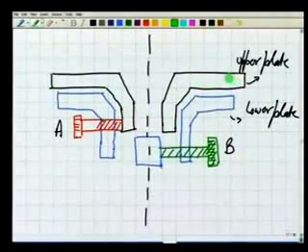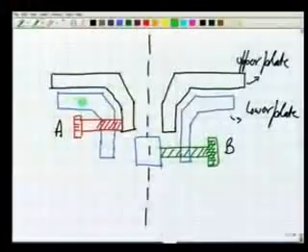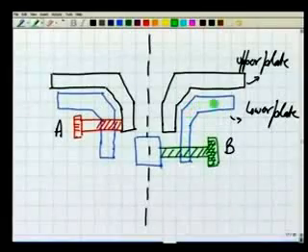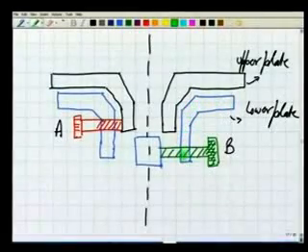Upper plate means the index or the vernier. We have also down here, and this is the cross section of the instrument, the lower plate or the horizontal circle, which is the full circle as we are seeing.